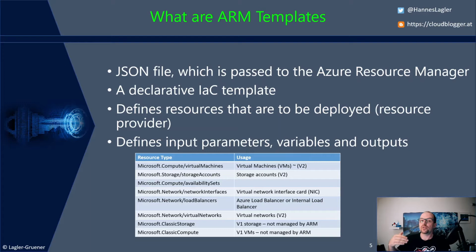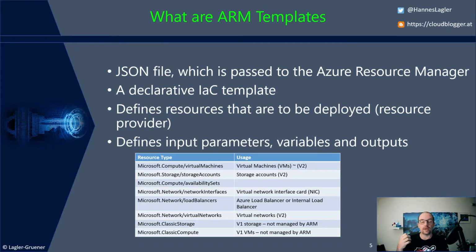So every time you say in the Azure Portal, please deploy a virtual machine, it creates a JSON based ARM template and gives the ARM template to the Resource Manager and says, hey, deploy those resources. So this is the reason why we have to develop resources in ARM templates in JSON format.